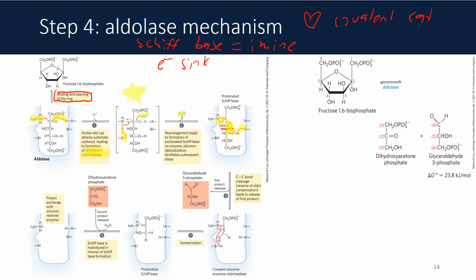Over here, this is acting like an electron pusher. This Schiff base is acting like an electron puller. And what gets broken between the pushing and the pulling is the bond between C3 and C4.